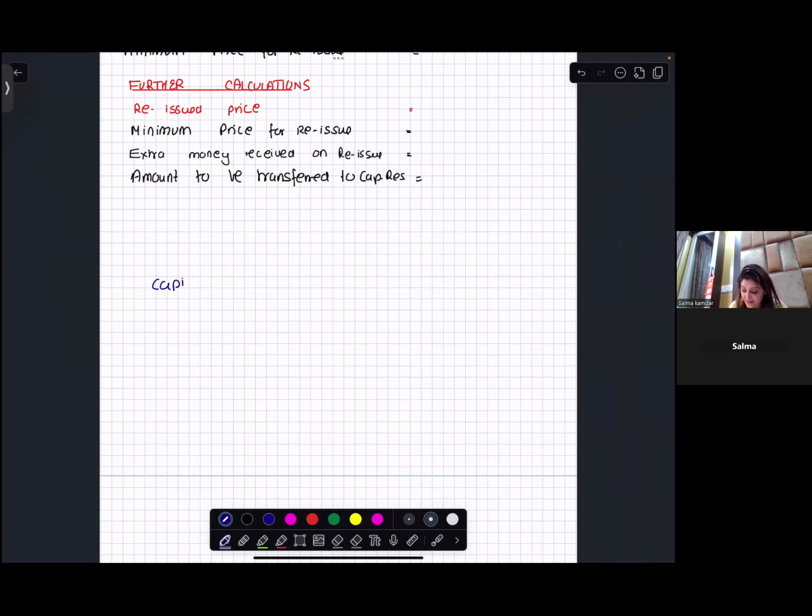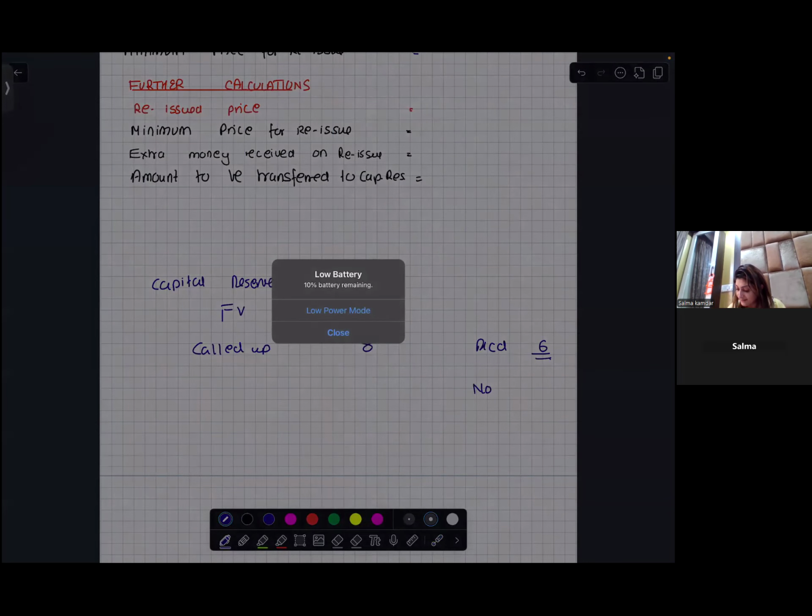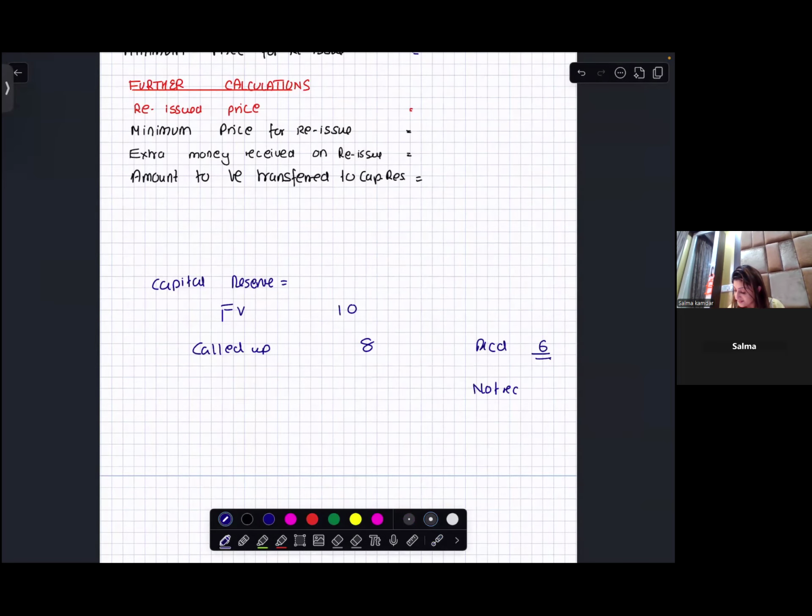What is capital reserve? Capital reserve is a capital profit that you make. Okay, say you had a share whose face value was 10. You called up 8. You received 6. You did not receive 2.